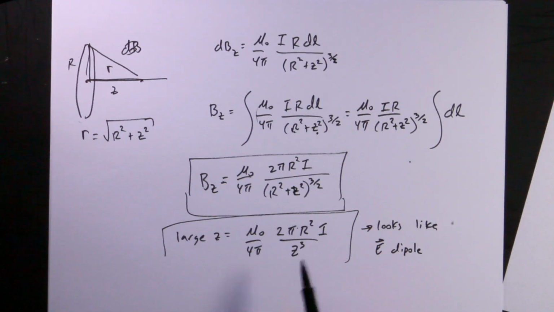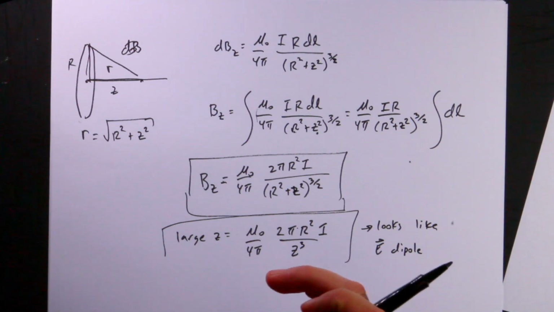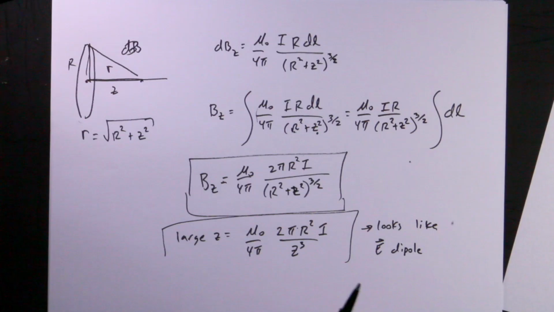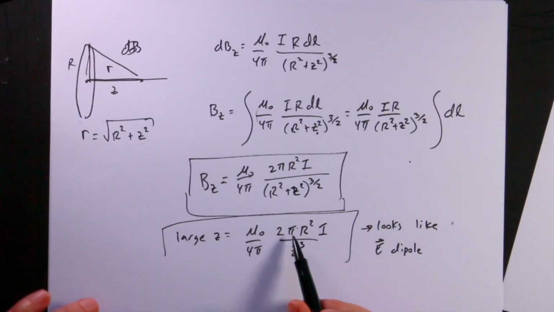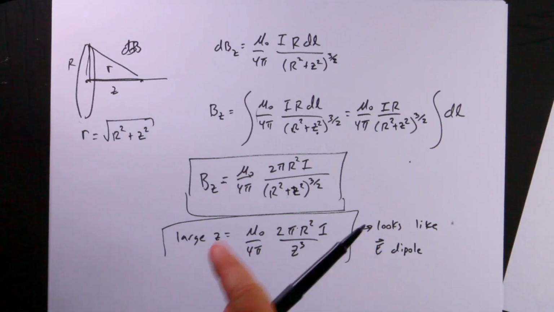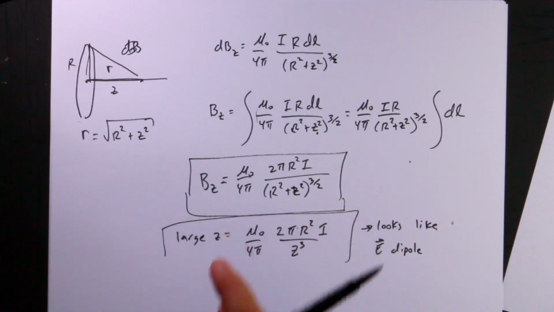So this tiny little ring of current acts as a magnetic dipole, and that's pretty important, but we'll get to that. Also, pi r squared is the area of the loop, so area times the current is the magnetic moment.